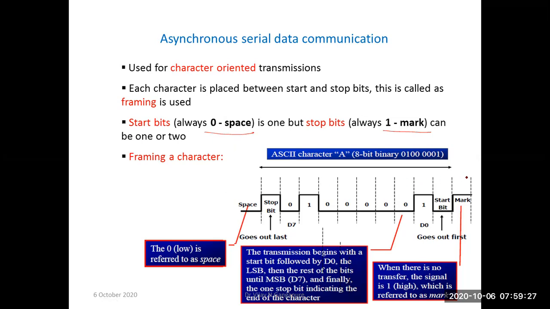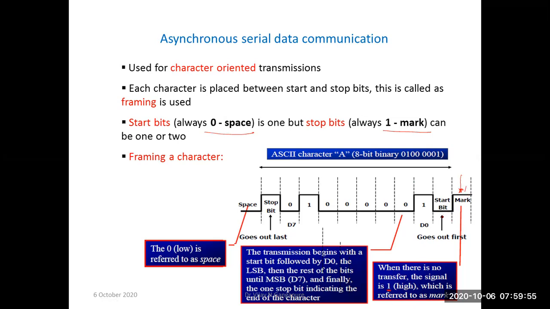When there is no transfer or communication, the signal is high, that is mark. So when no serial communication is happening, the signal on that communication channel will be mark, that is high, logic 1.